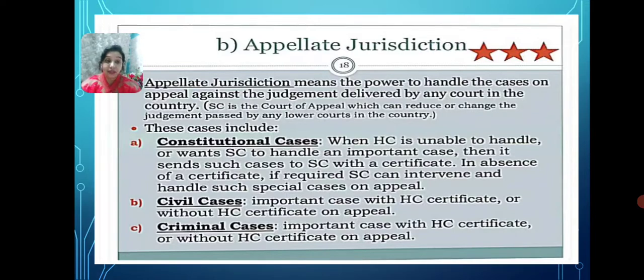With a certificate means it should be in writing, and only then will the Supreme Court accept it from the high court. In the absence of the certificate, if required, the Supreme Court can intervene and handle such special cases on appeal. So sometimes it again depends upon the importance and significance of the case.